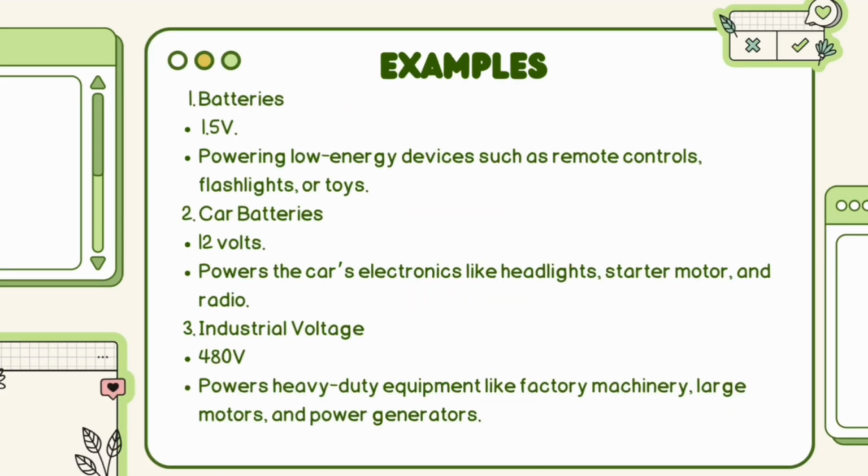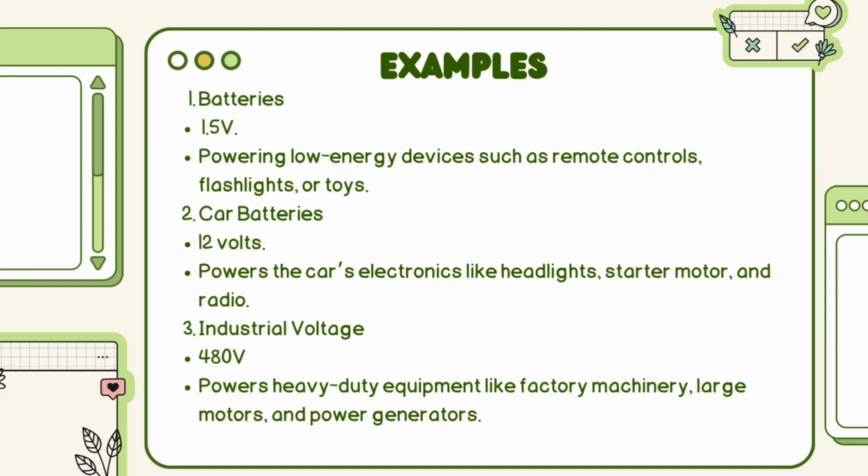The electrical system in a car operates at 12 volts. It powers the car's electronics like headlights, starter motor, and radio. Moreover, industrial voltage might have a rating of 480 volts, used in industrial settings and large machinery.